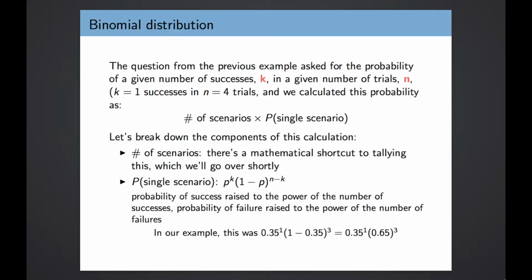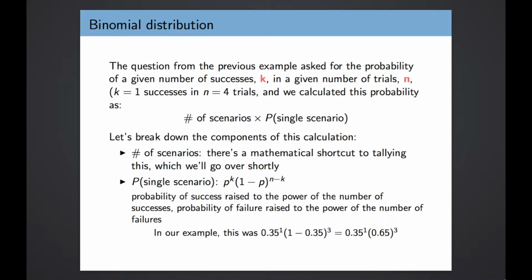And then the formula for the probability of a single scenario happening is the probability of success raised to the power of the number of successes times the probability of failure raised to the power of the number of failures. So we just did this by multiplying 0.35 one time times 0.65 3 times.